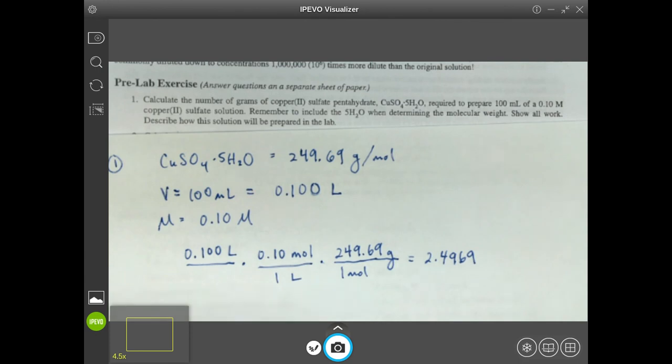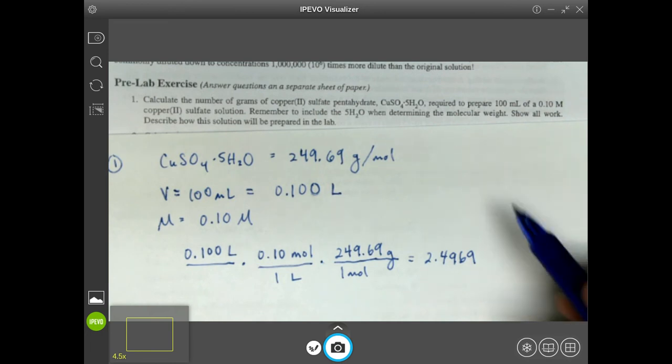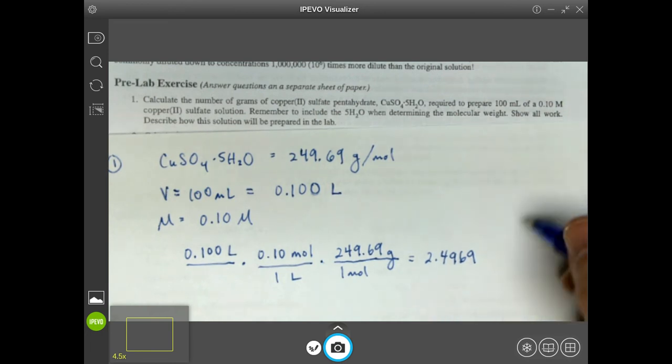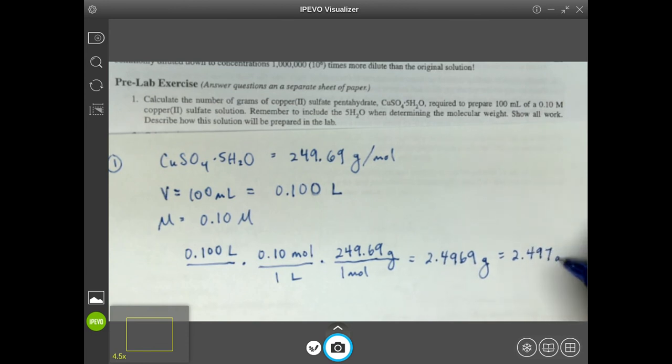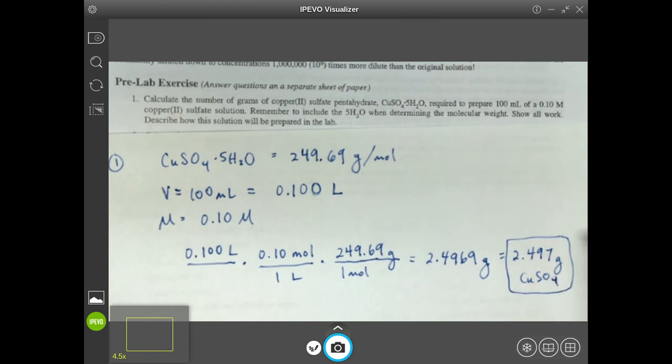I'll have it up here, but I'll have you use that to get out the grams. That one goes to 3 decimal places. So it'll be 2.497 grams of the CuSO4·5H2O. Okay. So that's the number of grams.